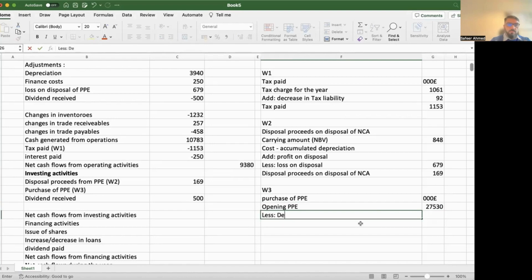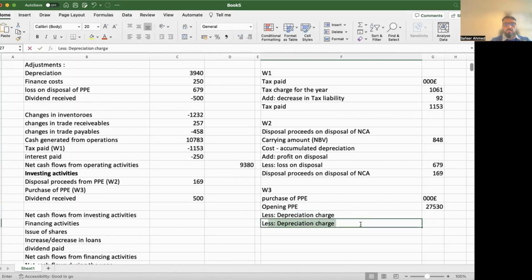So you deduct depreciation charge, which is again given to us. And you also deduct carrying value of assets sold, or non-current assets sold, or property, plant and equipment sold. I'm using these two words alternatively, NCA, non-current asset, and PPE, property, plant and equipment.